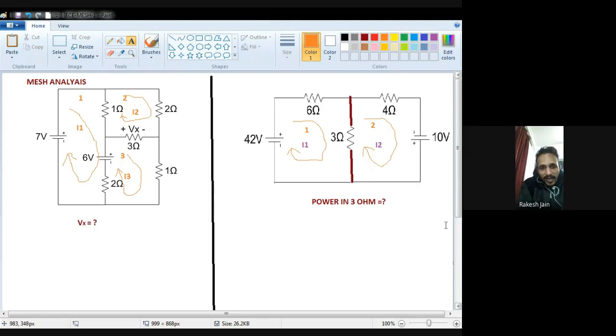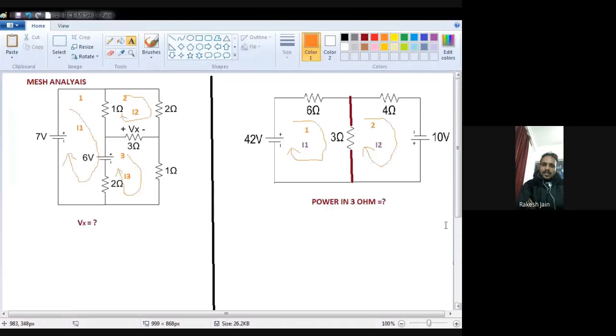If any other current passes through a resistance of the mesh whose equation you want to write down, then keep in mind your own current always uses a positive sign, and for the next current just see the direction. If the other mesh current direction is similar to your mesh current direction, then write it with positive sign.